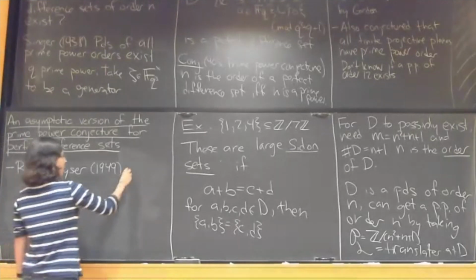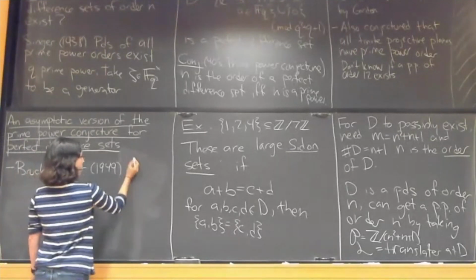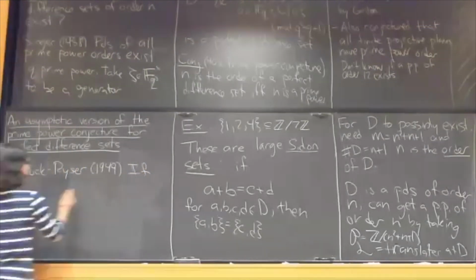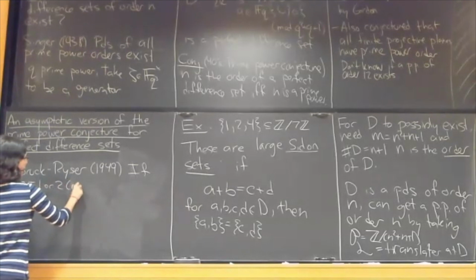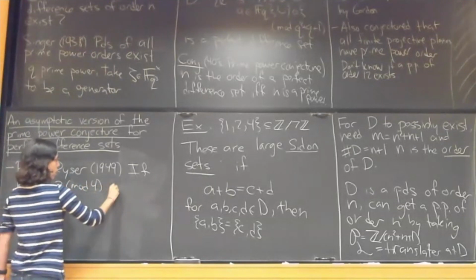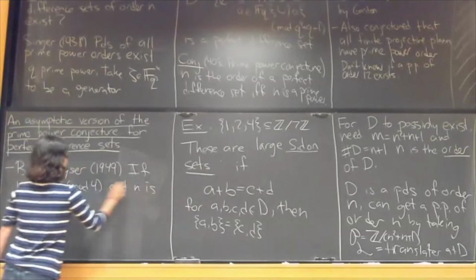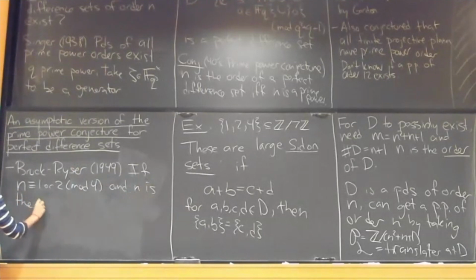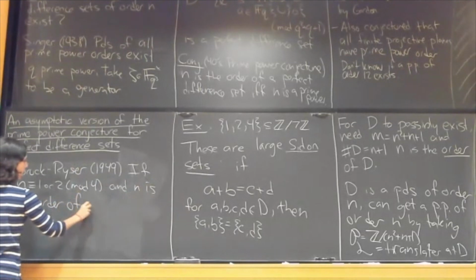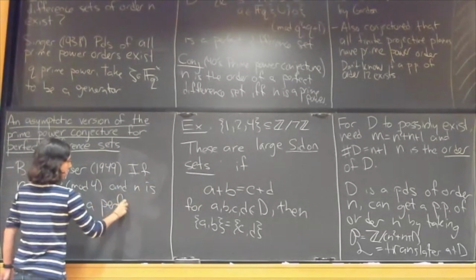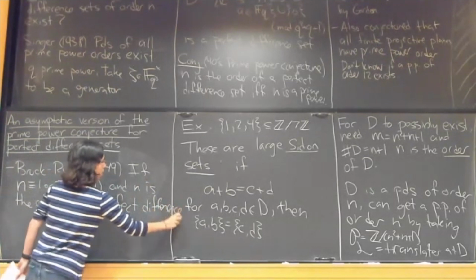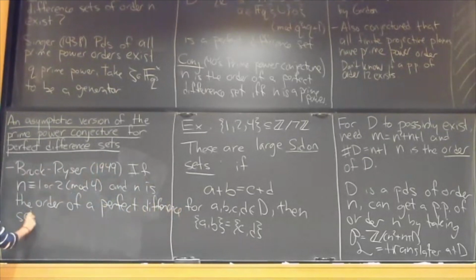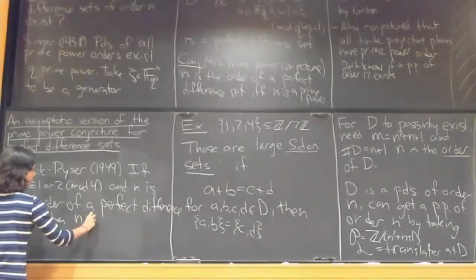So it says that if n is congruent to 1 or 2 mod 4, and n is the order of a perfect difference set, then n must be able to be written as the sum of 2 squares.